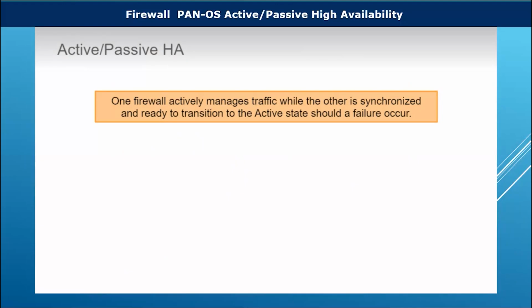Only one firewall is working as active, and all the traffic will be forwarded through that. And if the active firewall fails, it will transfer all the active sessions to the secondary firewall.